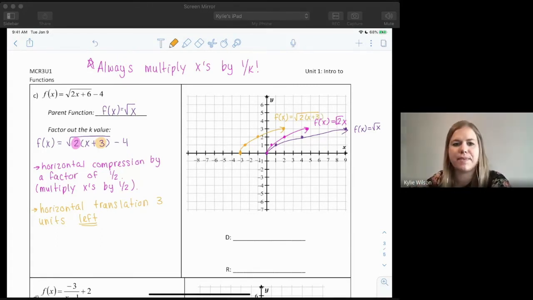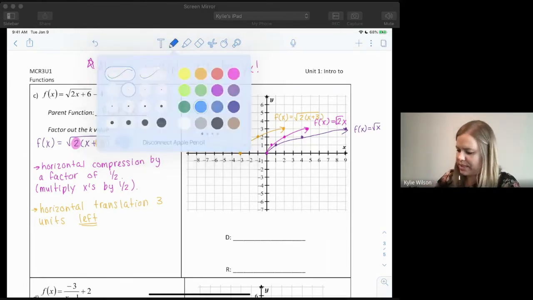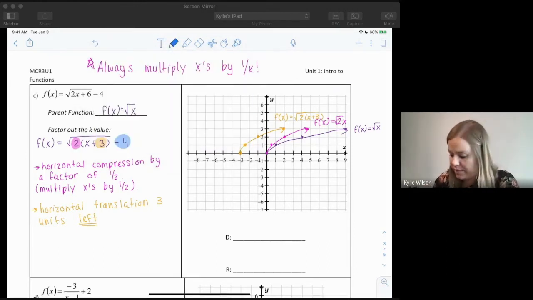There we go. And finally, let's address our c over there, which is -4. So that means that we're moving down 4. Vertical translation, 4 units down.